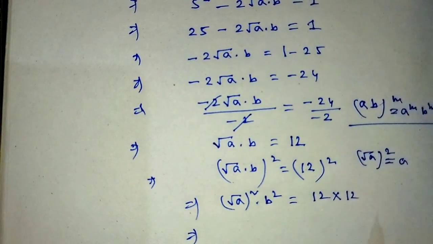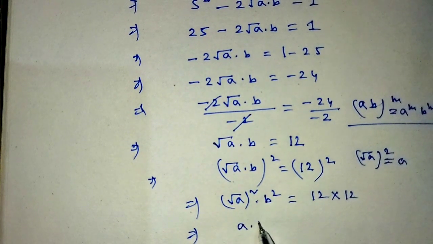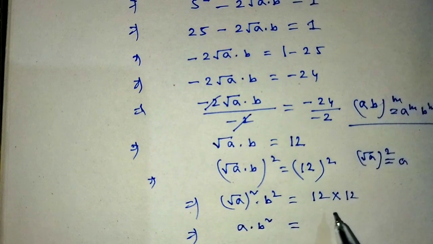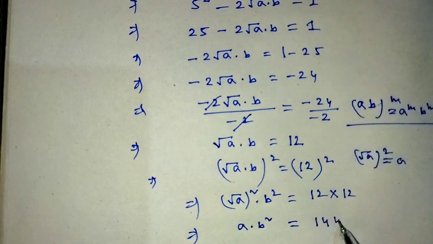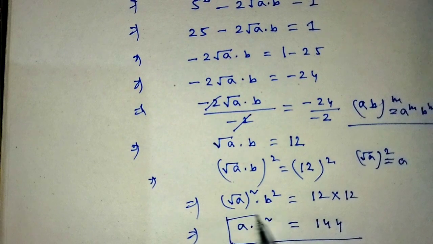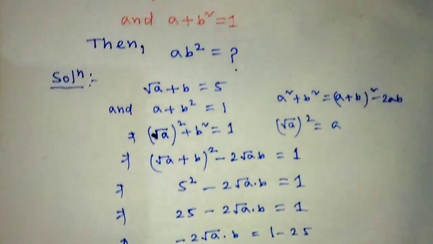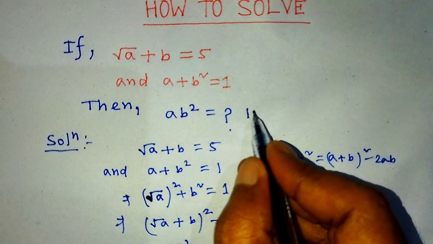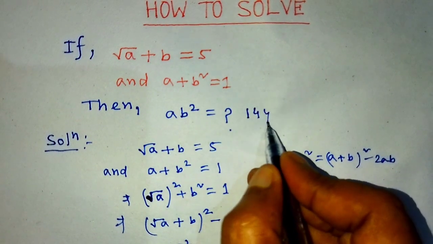So on the left hand side we have to write a into b square is equal to, if you multiply 12 by 12, then you get 144. So this is our final answer. So my dear student, the value of ab square will be 144. So this is our final answer.